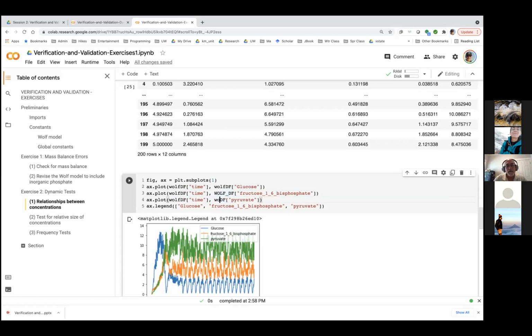I wanted to make the point that sometimes your data will overlap and will not be 100% as you expect. And this will not work because the names that we're using actually have the concentration brackets around them. So you actually have to use the same strings.